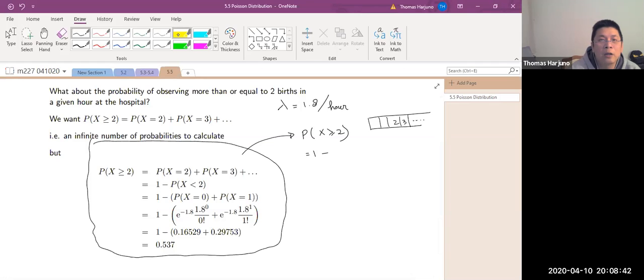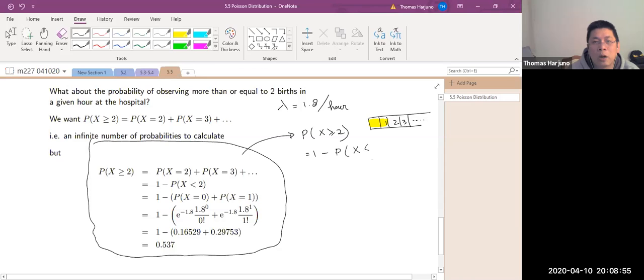Now then, the complement is up to 1. So it's the probability X less than or equal to 1.